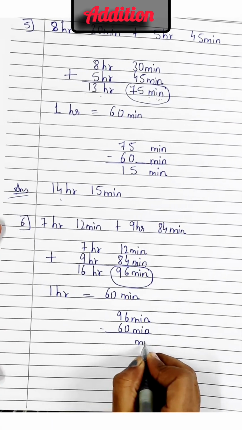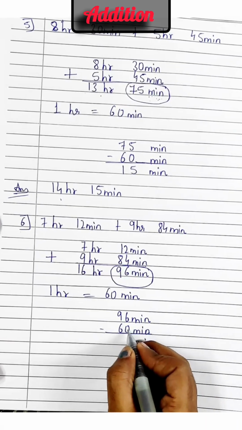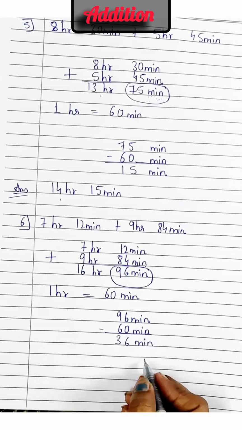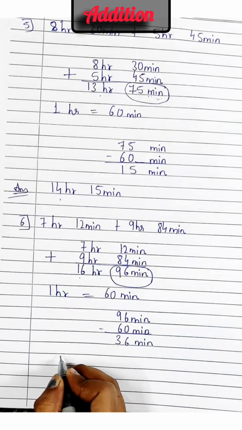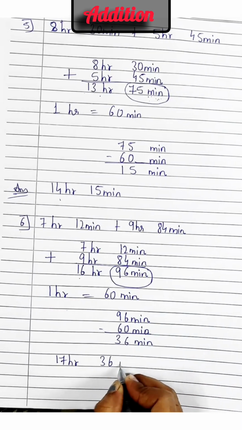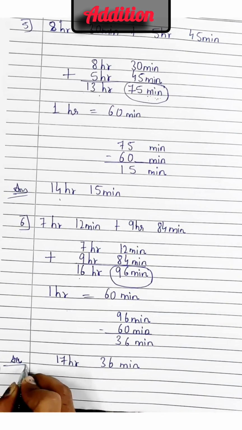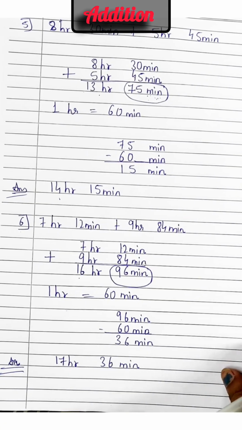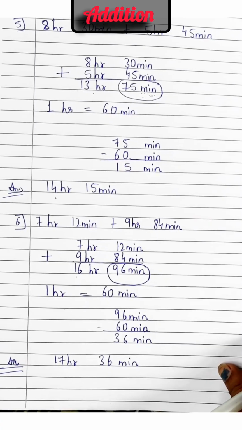Okay? So 6 minus 0, 6. 9 minus 6, 3. So, instead of writing 16 hours, we will write 17 hour 36 minutes. Is it easy? Yes? So let us move forward.